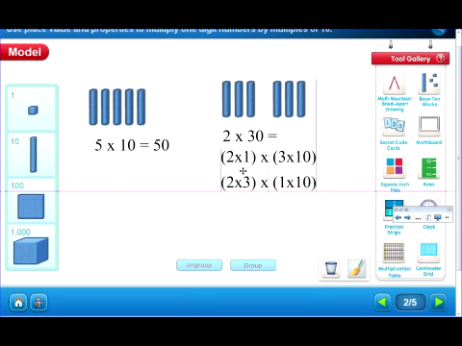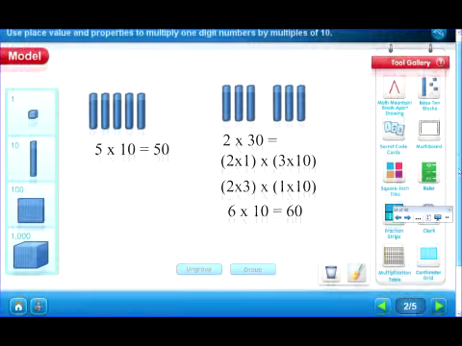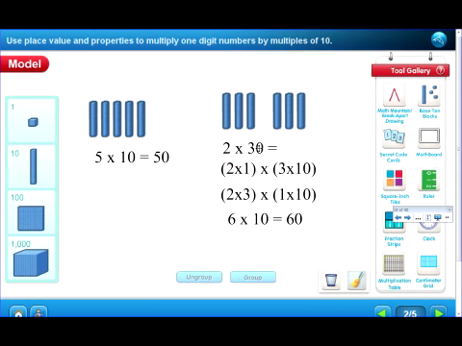What if we use the commutative property and we take 2 times 3 and 1 times 10, then we can see that it can be written like this. 2 times 3 equals 6, and 1 times 10 equals 10. So now I know the answer. 2 times 30 is 60. And that's using the associative and commutative properties of multiplication.